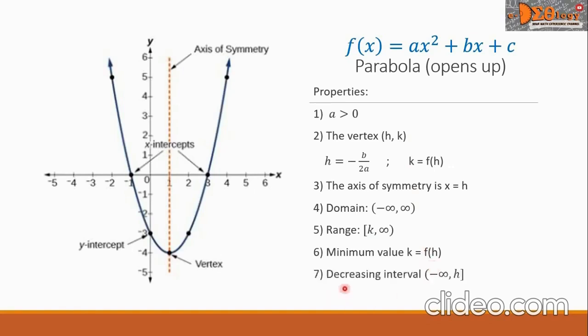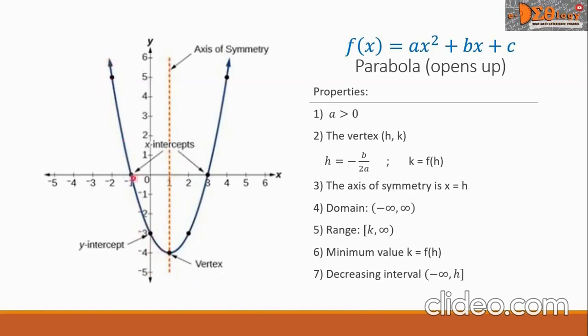Number 7, decreasing interval. A parabola has a decreasing interval, and later on we will have the increasing interval. If you're going to read the parabola from left going right, the decreasing interval is the left side of this parabola with respect to the line of symmetry.